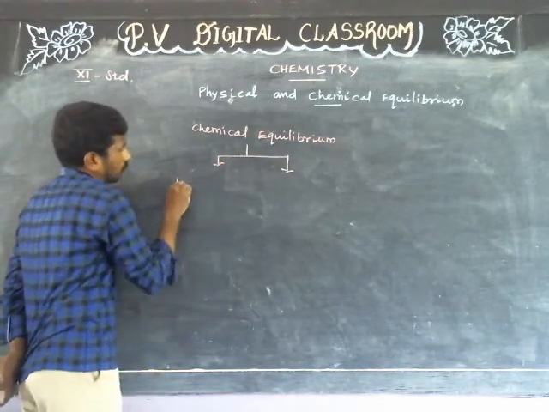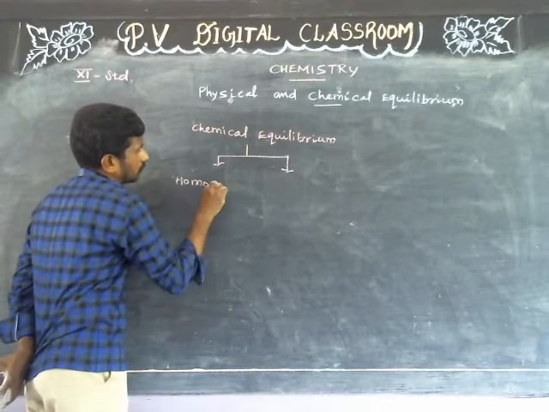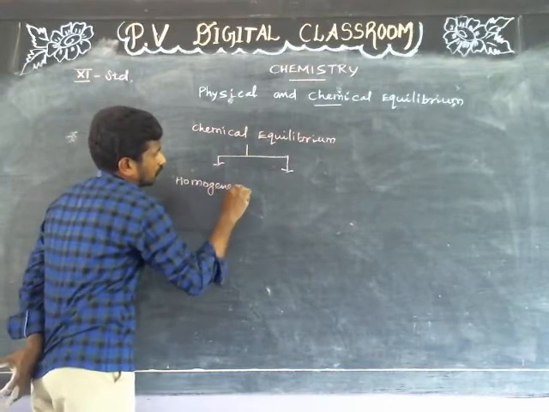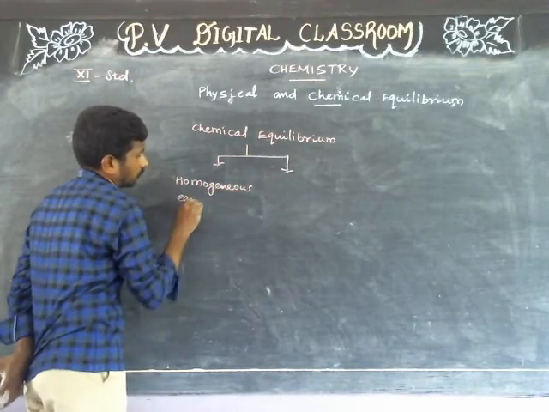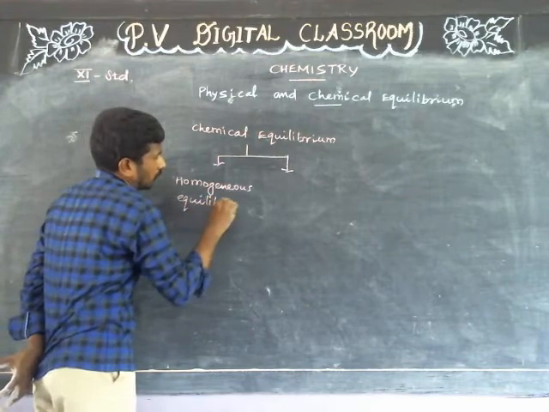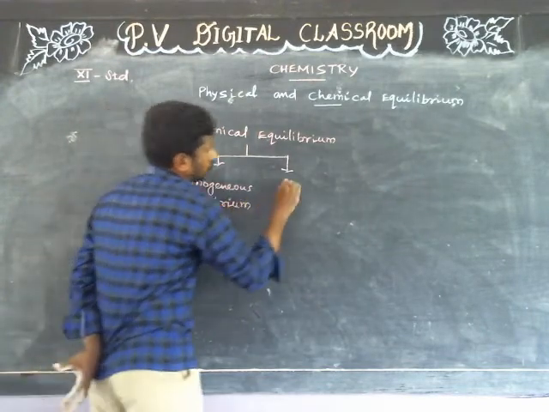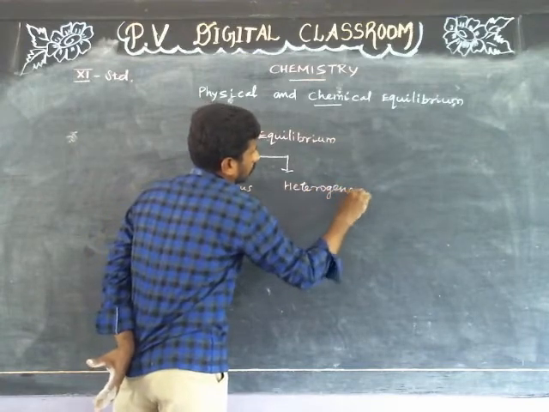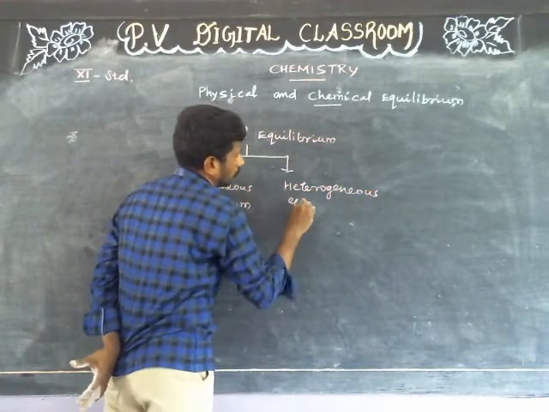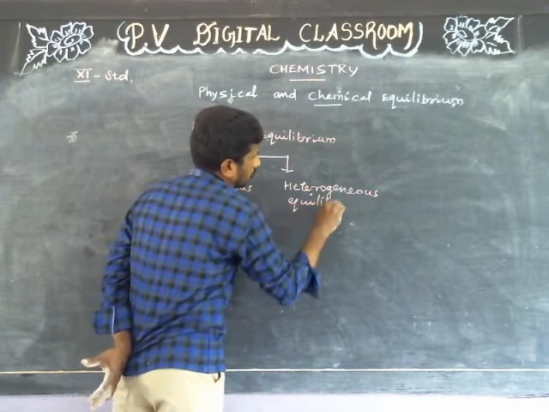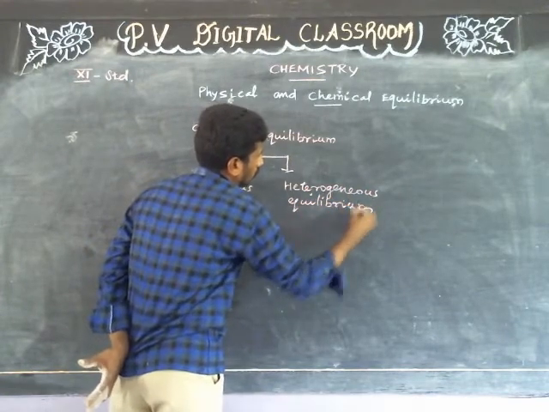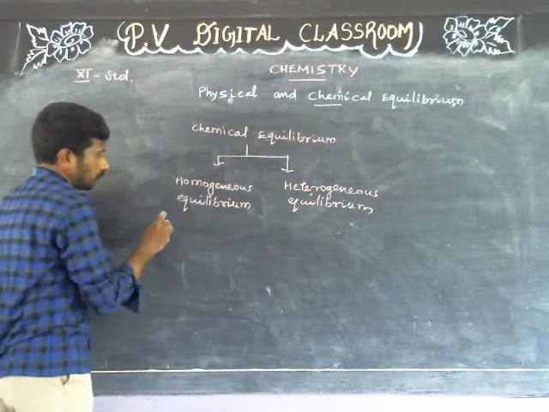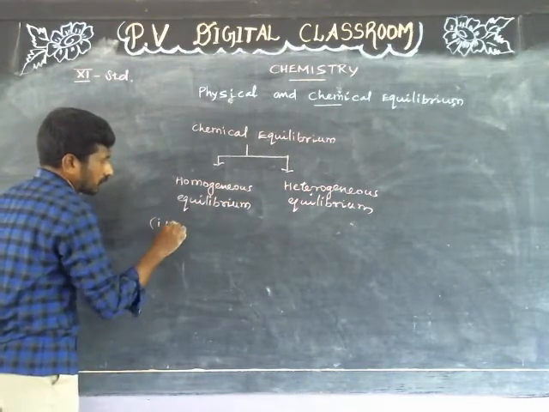They are homogeneous equilibrium and heterogeneous equilibrium. Let us see them one by one. First one is homogeneous equilibrium.